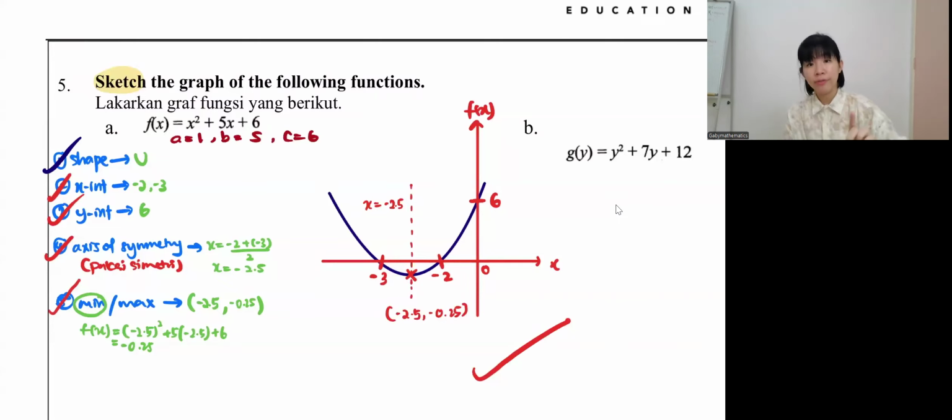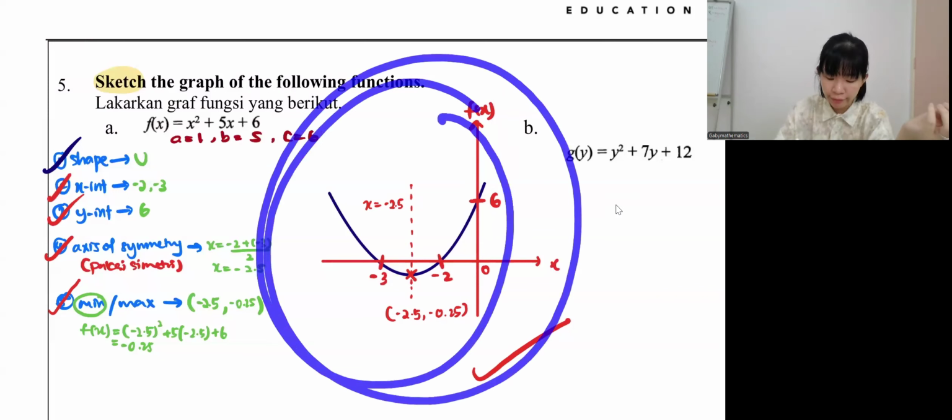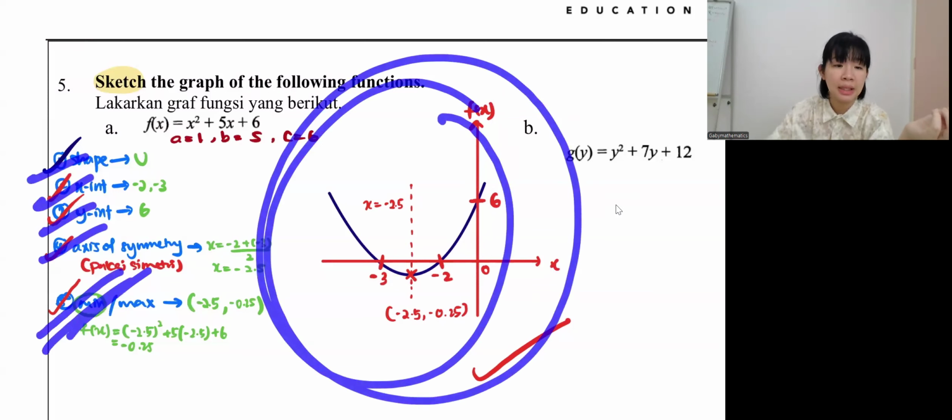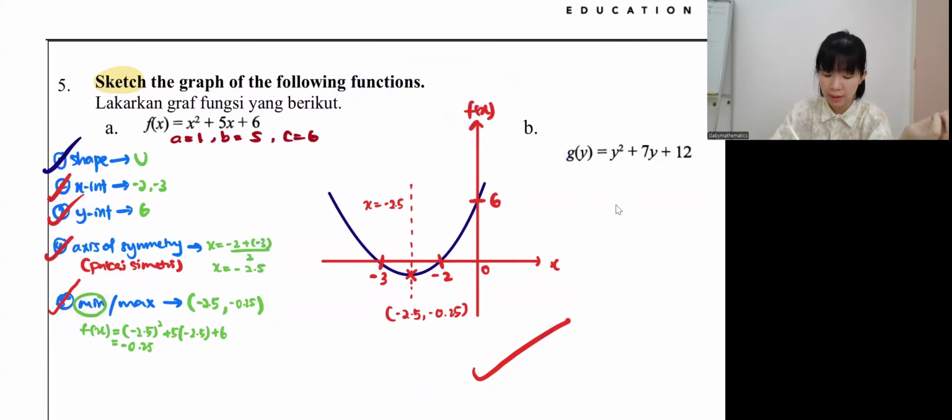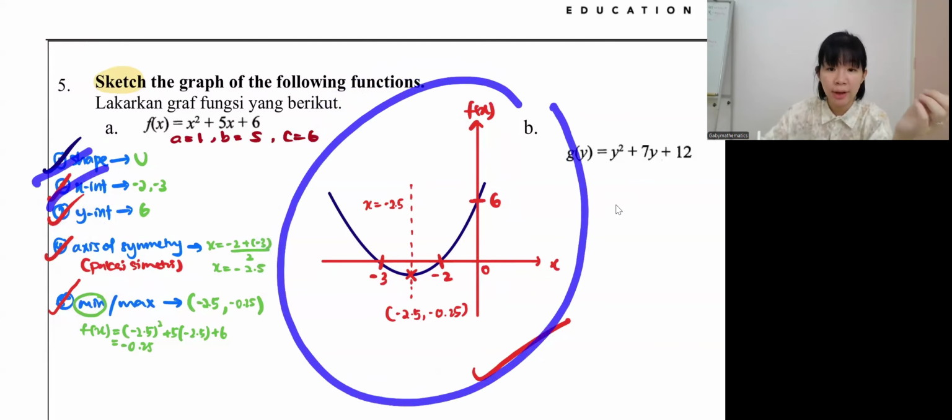When you sketch a graph, you also have to look at the marks given. Sometimes they will give 3 marks in the exam, sometimes 5 marks. 3 marks drawing and 5 marks drawing are different. If they ask for 5 marks, there are 5 important points to find, and then with everything here you get 5 marks.